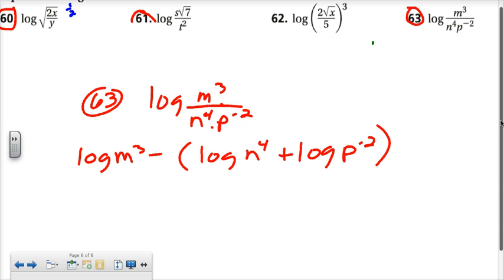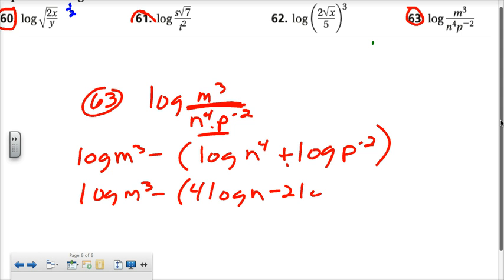And that's because that logarithm of m cubed is being divided by both the n to the 4th and the p to the -2. So we have subtraction here to cover this division, and then we have addition right here to cover that multiplication. Now, inside those parentheses, we have some powers, so let's bring those down. That'll be 4 logarithm of n minus 2 logarithm of p.